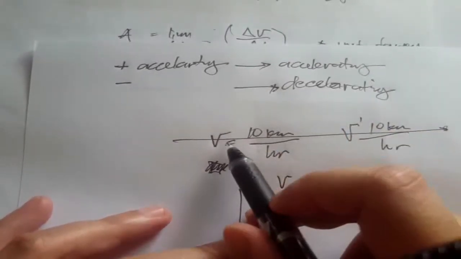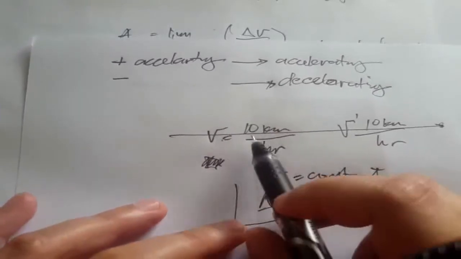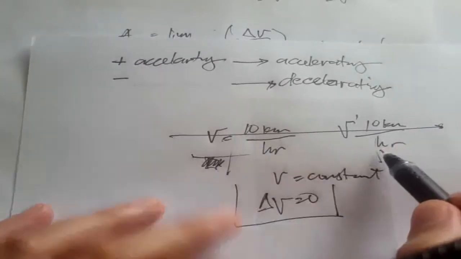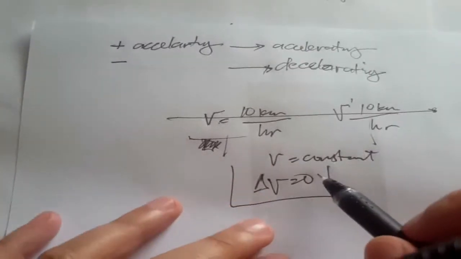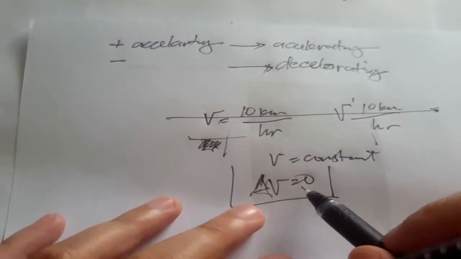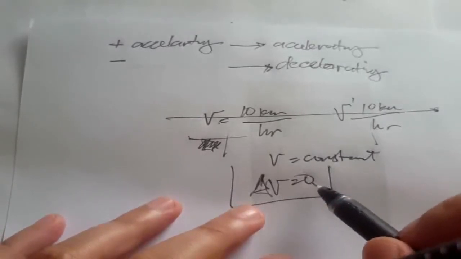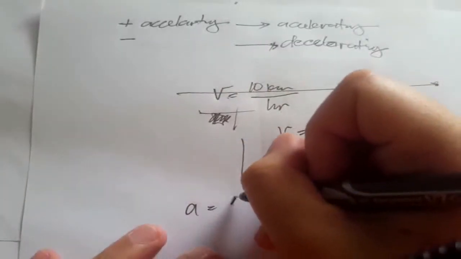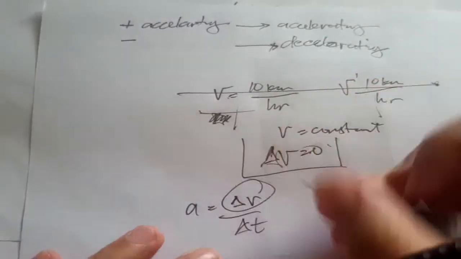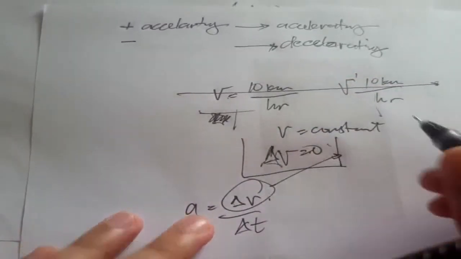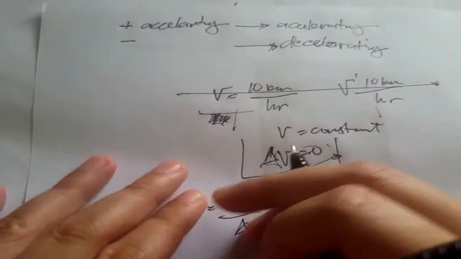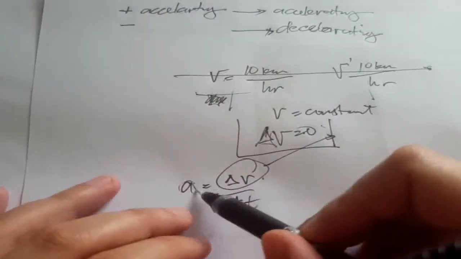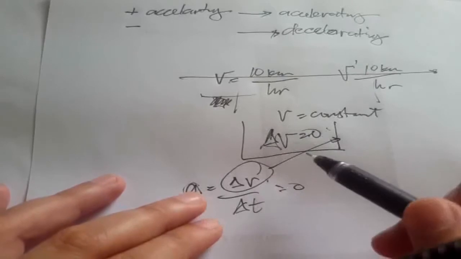At some time t, its velocity remains 10 km/h. So the change in v there is just 0. Okay, so if the change in velocity is 0, then our acceleration, of course, is 0. It doesn't accelerate, it doesn't decelerate. It only maintains its constant velocity. So therefore our acceleration is just 0 if we have a constant velocity.